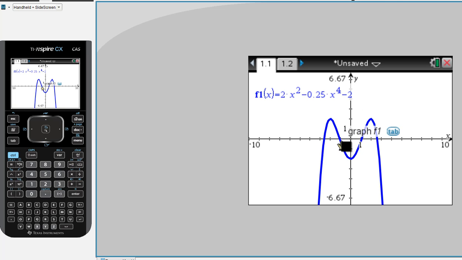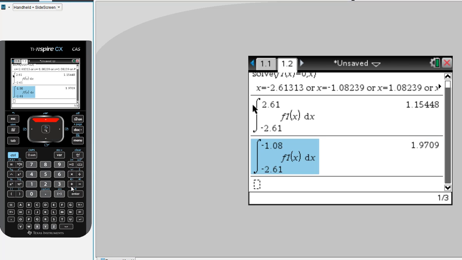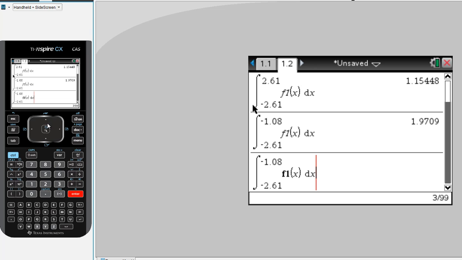Now the area from here to here, so this part would be, let's go up there, press enter to copy it. So the lower limit is going to be minus 1.08.